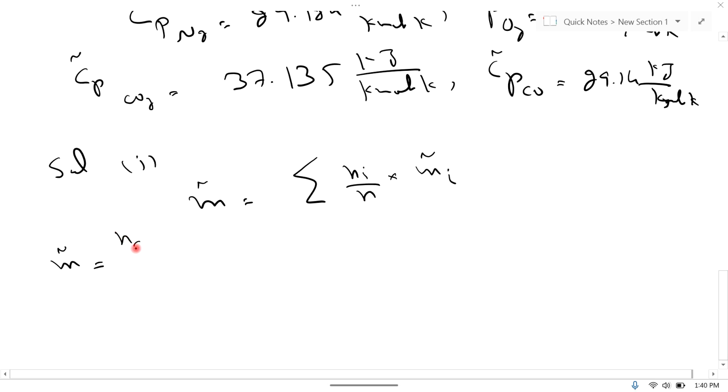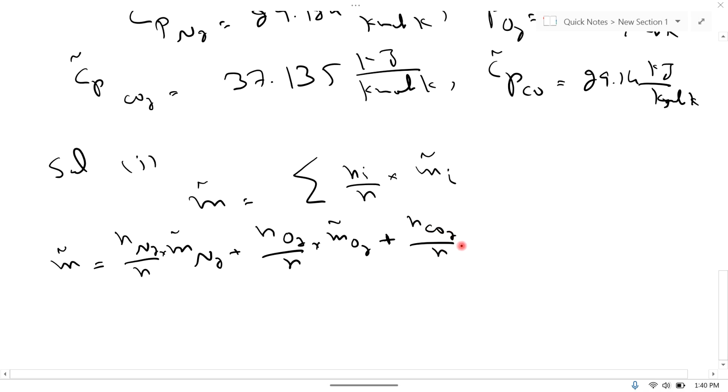So mole fraction of nitrogen multiplied by molar mass of nitrogen, plus mole fraction of oxygen multiplied by molar mass of oxygen, plus mole fraction of carbon dioxide multiplied by molar mass of carbon dioxide, plus mole fraction of CO, carbon monoxide, multiplied by molar mass of carbon monoxide.